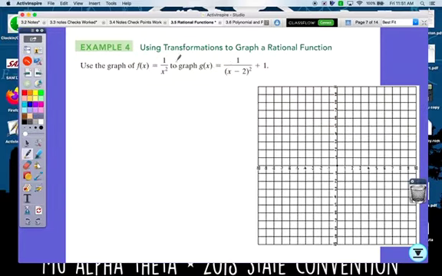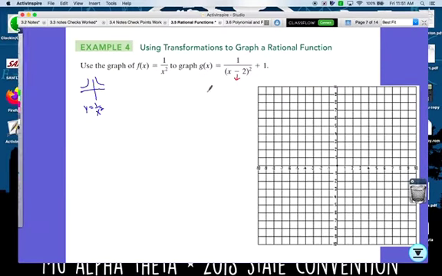All right, so since we know that 1 over x squared looks like this, that's what y equals 1 over x squared looks like. Then when we look at our g function here, we look inside the parentheses. That tells us horizontal transformations. So the minus 2 would tell us I'm going to move it to the right 2.